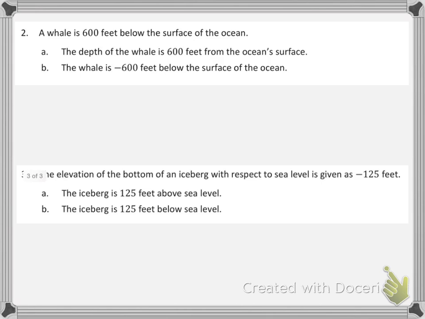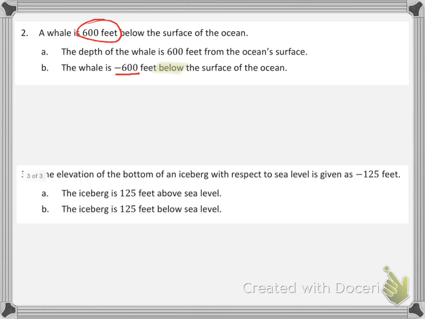The whale is negative 600, so that's a negative integer. And then we also add this below word, which also means negative. And the opposite of a negative is a positive. So we've got two negatives going on, and that's going to mean the complete opposite of what we want it to be, which is 600 feet below.